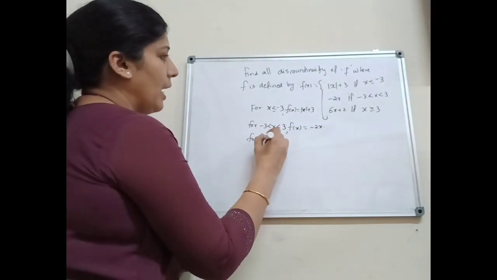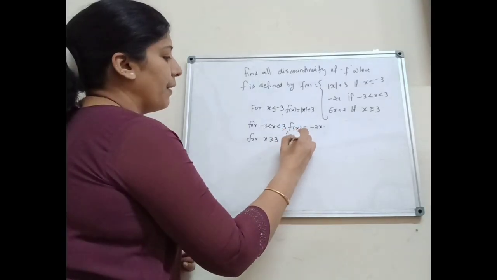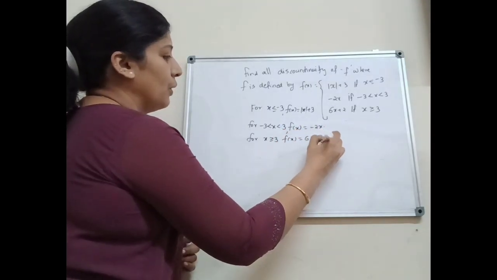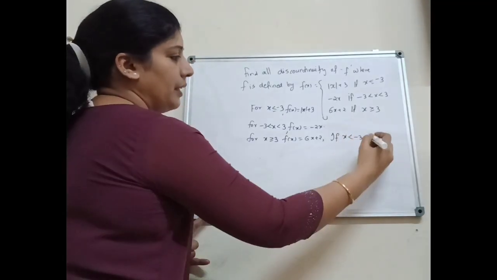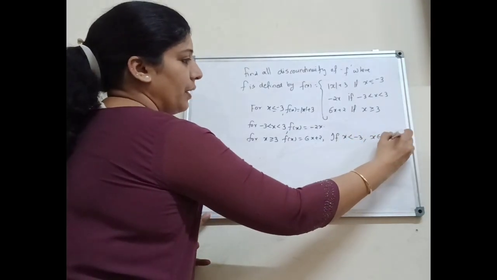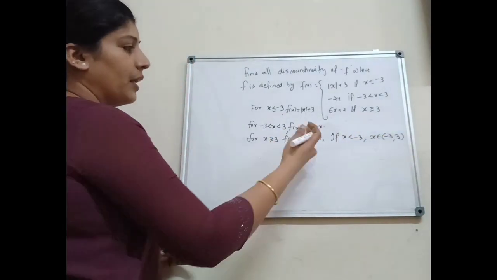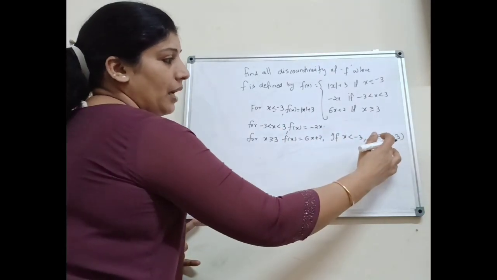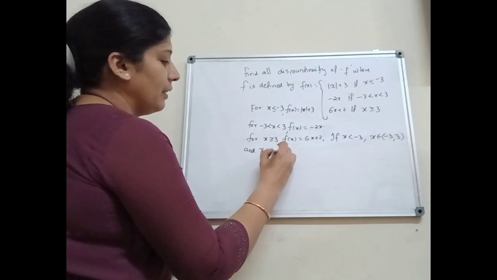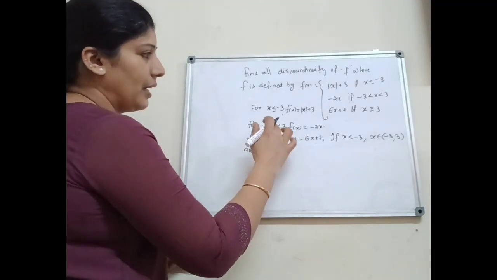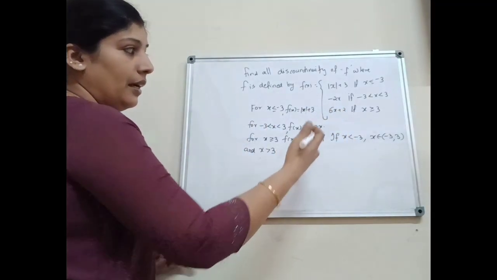Then for x greater than or equal to 3, f of x equal to 6x plus 2. That is, x belongs to the open interval minus 3, 3, the function is defined on this domain, and for x greater than or equal to 3, f of x is 6x plus 2.